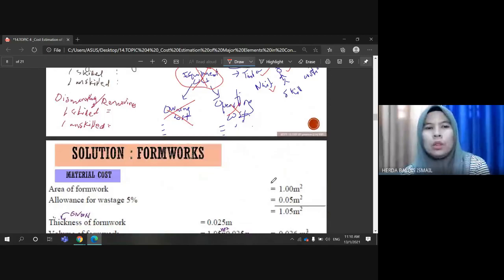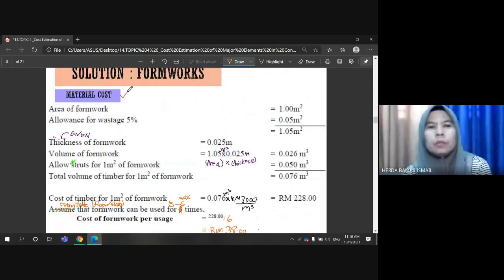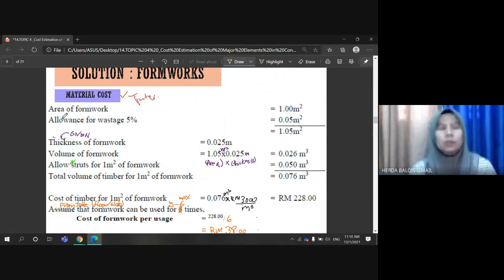So we start with the material cost, which is timber. We will start our estimation by calculating per area given.